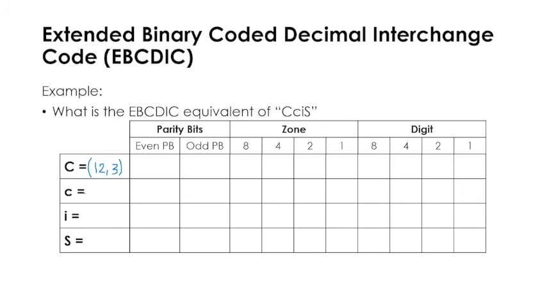For the small letter C, the zone for it is 8. And the corresponding digit is 3 also. For small letter I, the zone is 8, and the corresponding digit is 9.